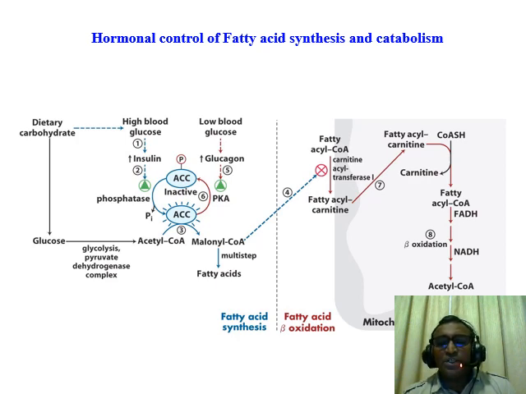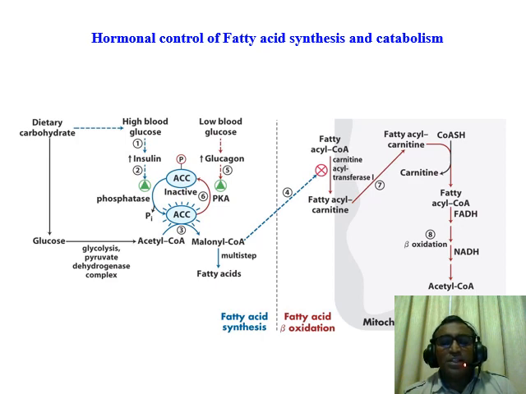On the condition of, say, there are high levels of blood glucose, what happens in the reverse? Insulin will then be secreted, and insulin is a hormone that will activate phosphatase, and this phosphatase will remove the phosphate from ACC and cause the ACC to now be active.